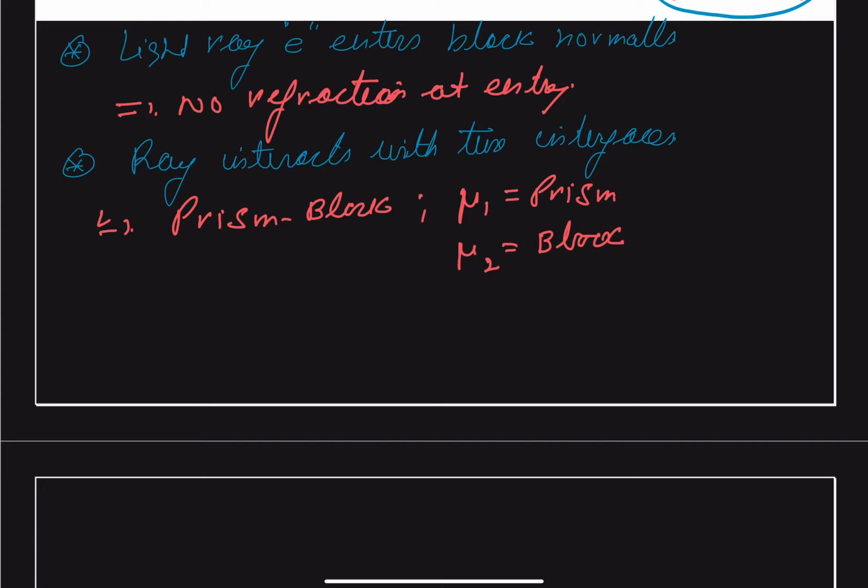And second is the block and outer medium. For block and outer medium, mu2 we already know is the refractive index of the block, and mu3 is the refractive index of the outer medium.